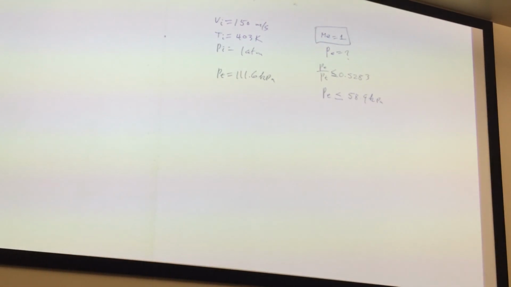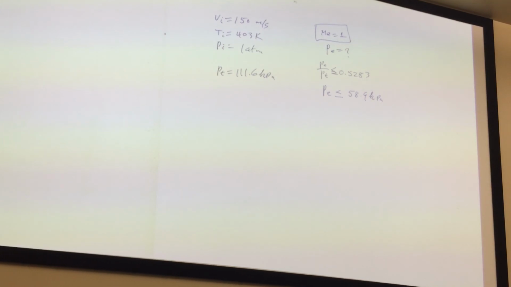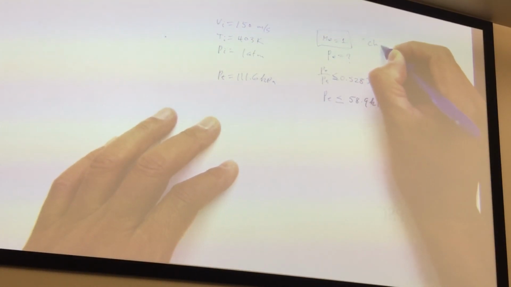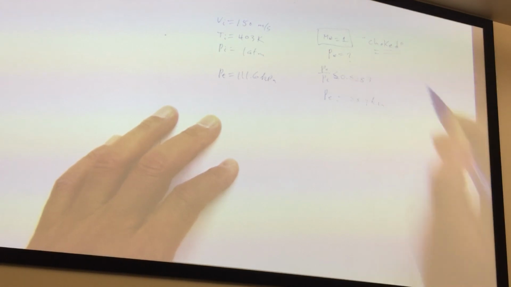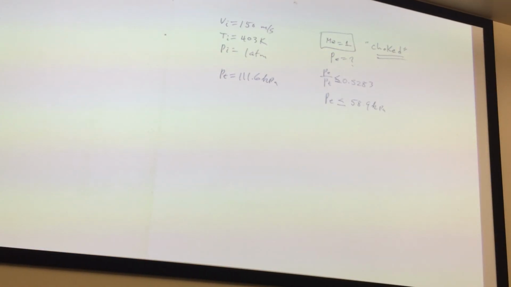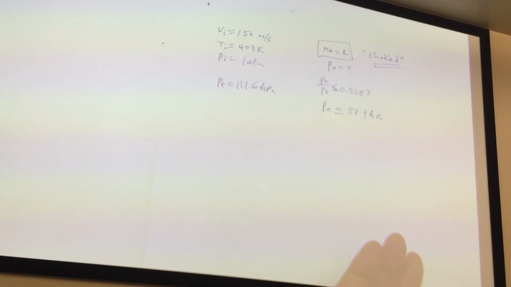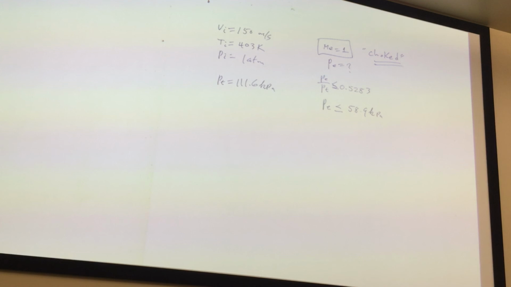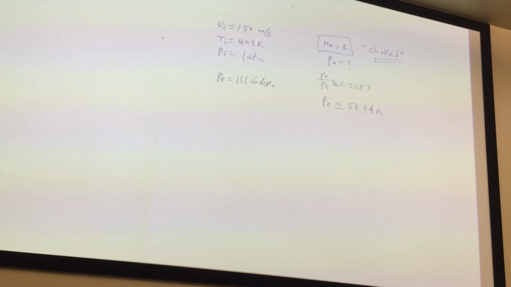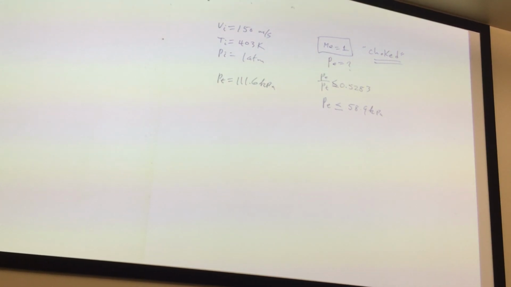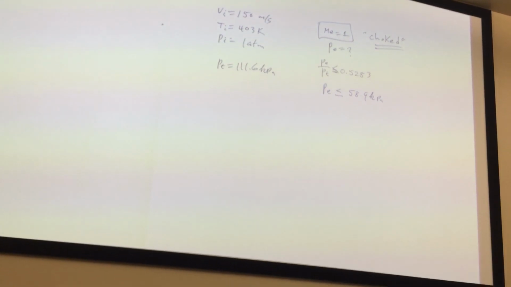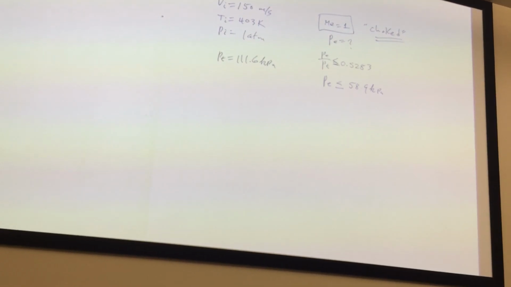It has to be less than that for it to be choked. That's because PT is the stagnation pressure. And once it's choked, then you can calculate all other conditions. Now you can back calculate a lot of other things, right? Make sense to you?